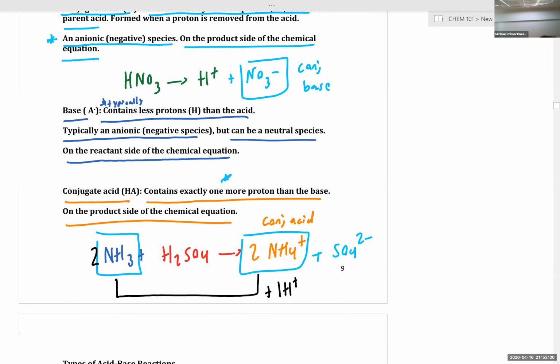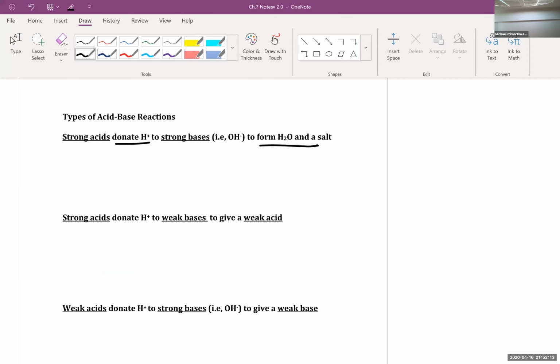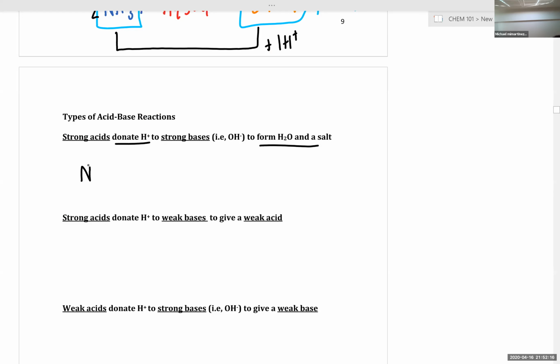Okay, so let's keep going now. And let's look at different types of acid-base reactions. Strong acids will donate H+ to strong bases to form water and a salt. So for example, would someone like to provide me an example of a strong acid?